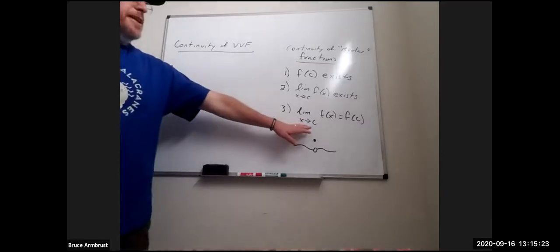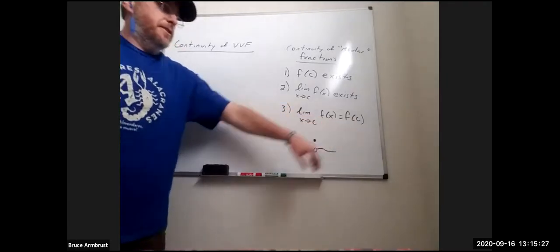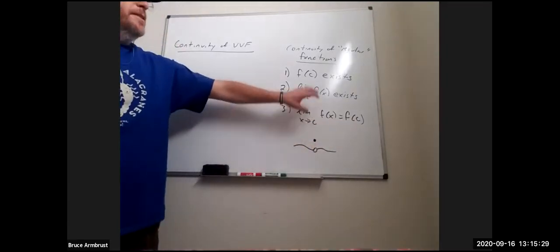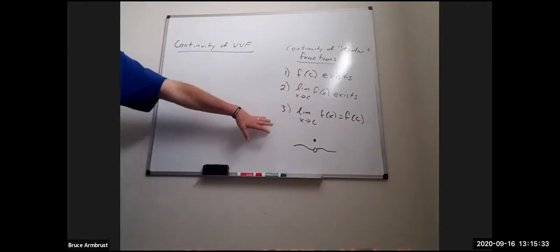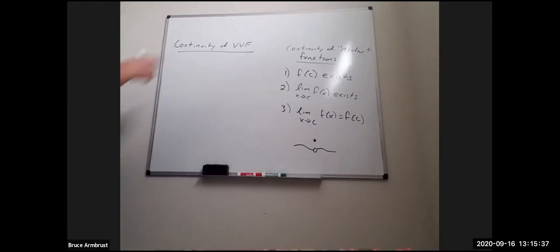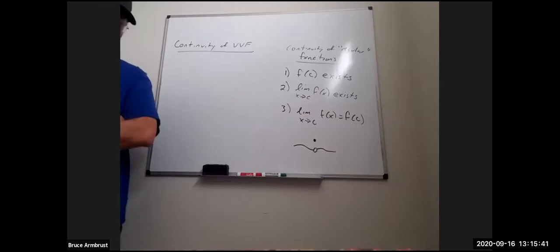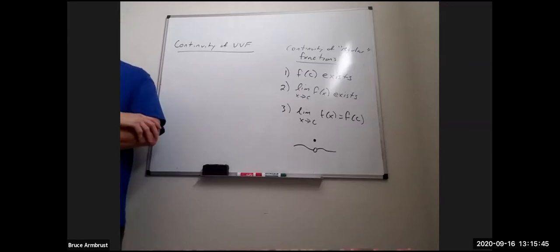But anyway, this third line is basically saying the limit has to exist, the function has to exist, which covers 1 and 2. These were the conditions for continuity. Basically, everything was nice. Now, for vector valued functions, this is a little more difficult to think of in terms of the picture, because what does the picture of a vector valued function look like?